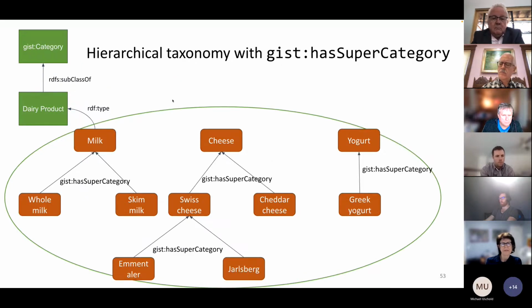And then here we have the same thing with structured taxonomy, using just has supercategory. So I've got to fix that one too. Is your intention in both of these slides that all these brown things are also instances? Yes, I just didn't draw the lines to make it more readable.